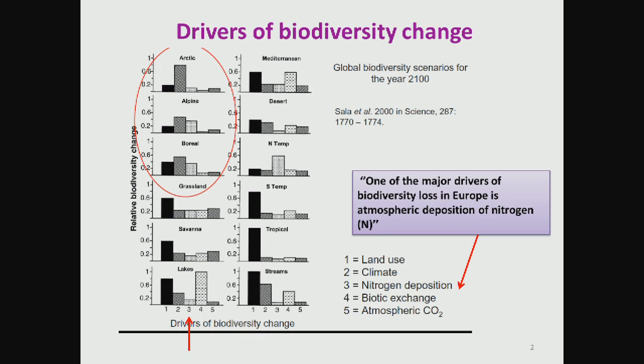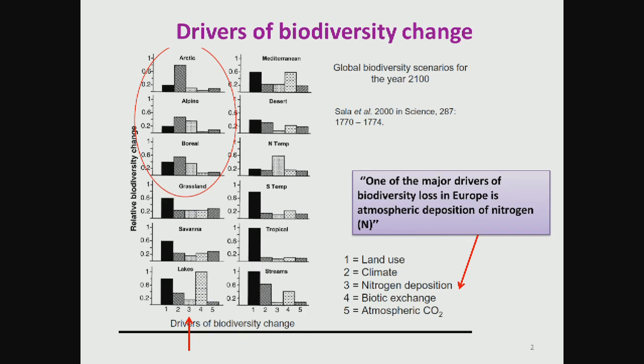You might mention climate change, causing extinction of a million species, the last prediction. You might come up with rising atmospheric carbon dioxide, in relation to climate change. Maybe very few of you will actually come up with nitrogen deposition.